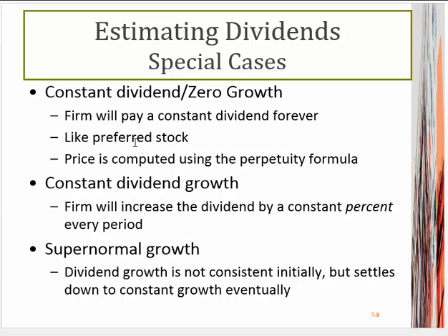For some reason, textbooks feel it's very important to illustrate or talk about the zero growth stock. Since preferred stocks are essentially fixed, it gives us a model for preferred stock. And essentially it's a perpetuity formula should we want to have that type of calculation. It's a very simple calculation.